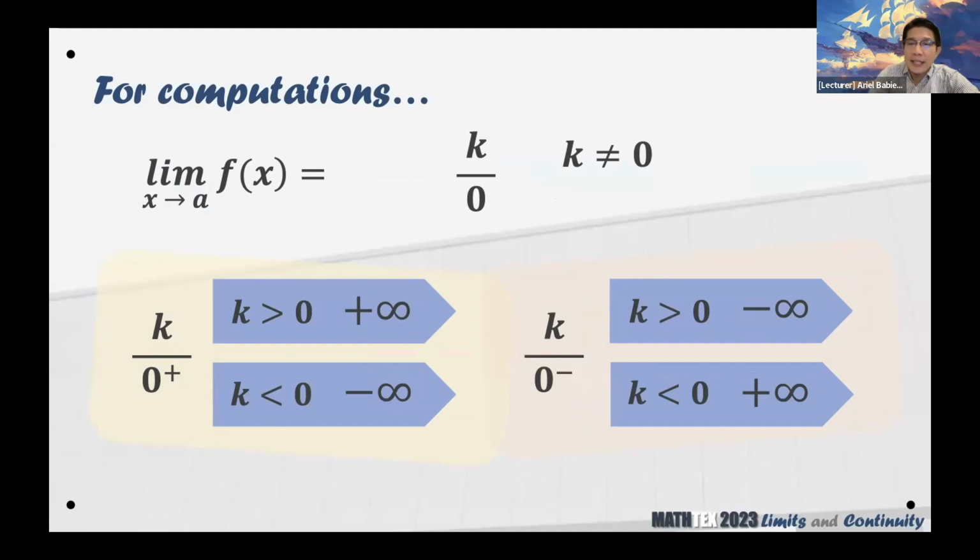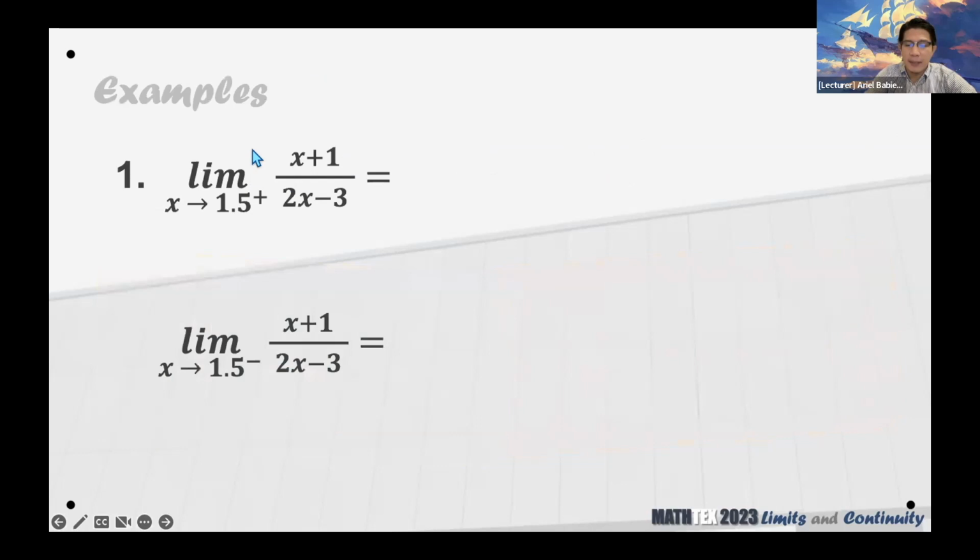Okay, how do you get infinite limits? Actually, infinite limits will happen whenever you get a limit of the form k over 0, the numerator is of course not equal to 0. Di ba tandaan niyo yung 0 over 0, that is indeterminate? Ito naman, non-zero over 0. If you get a limit that is non-zero over 0, that is an indicator that we are going to get here an infinite limit.